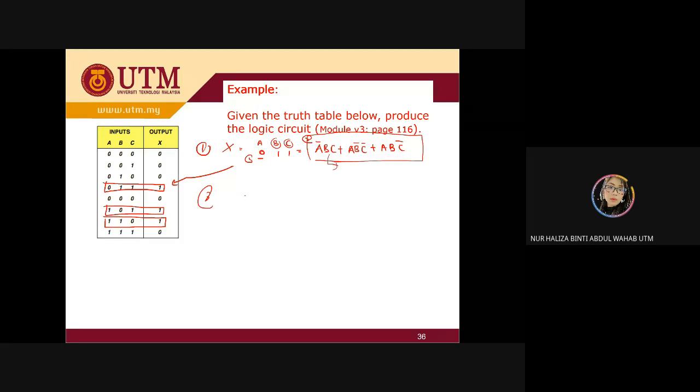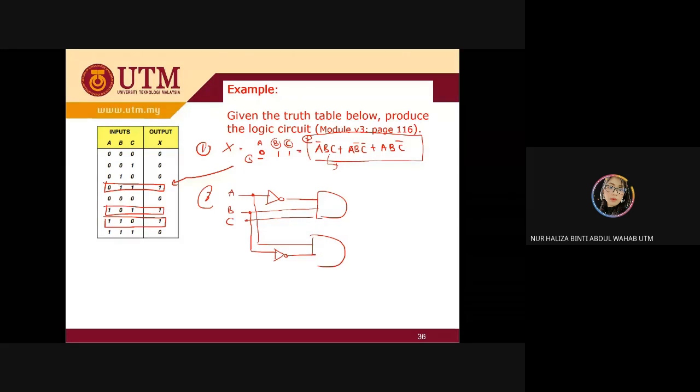So from here I have A bar multiply with my B and C. I have another A and then my B bar and my C bar.